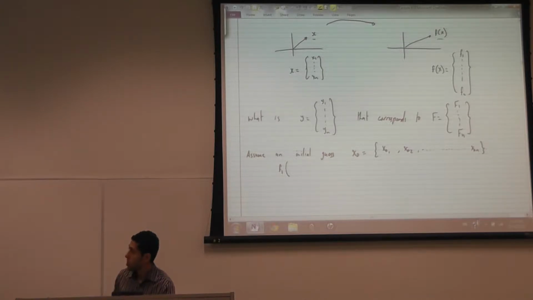And then each component I'm going to utilize a Taylor expansion. The component f1 of x naught plus delta x naught. f1 is a function of all the components of x.